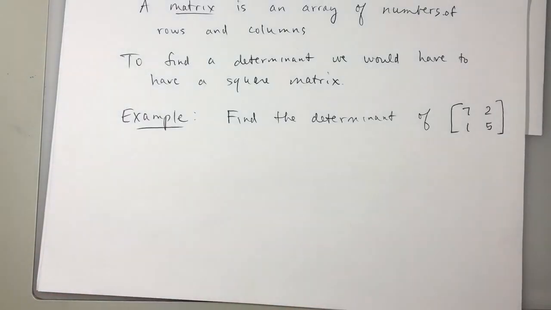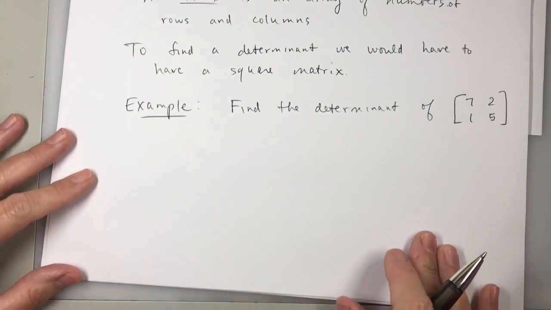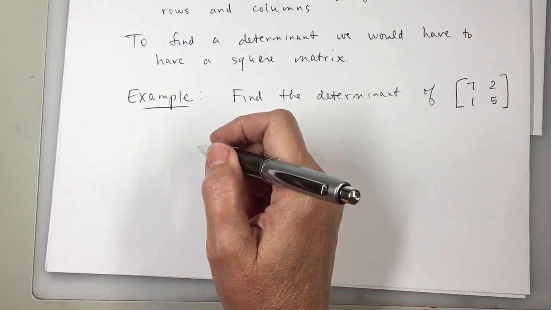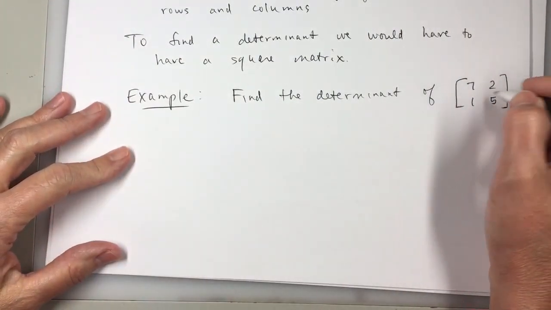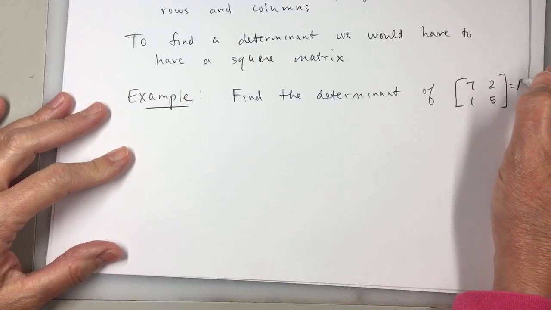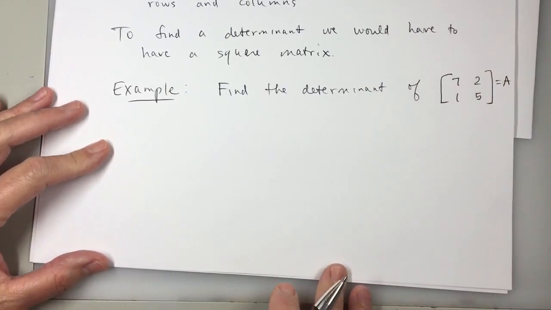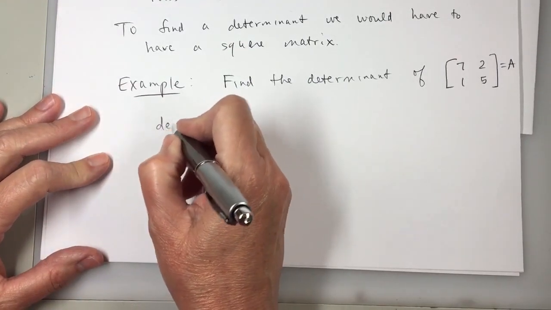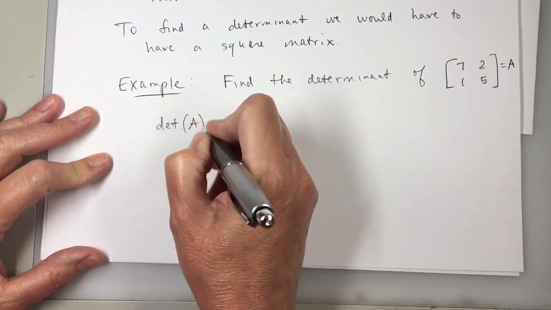So for a matrix, we would put the array of numbers inside these brackets. Now if I want to write the determinant, I actually would change the bracket to a straight line. In fact, let's say this is equal to matrix A. And so I could say DET, determinant of A.